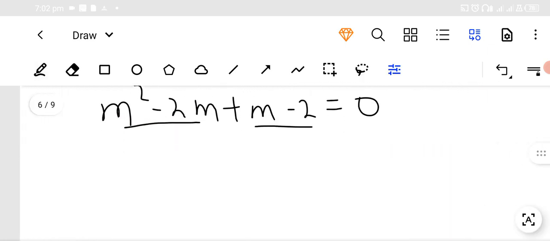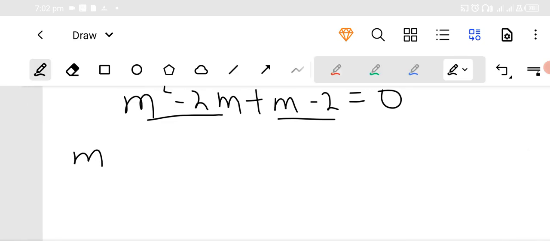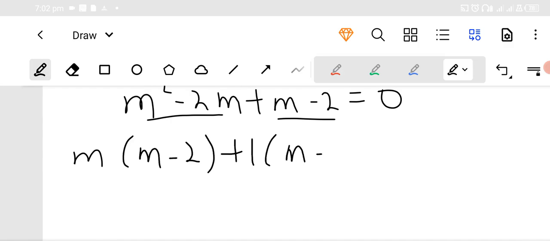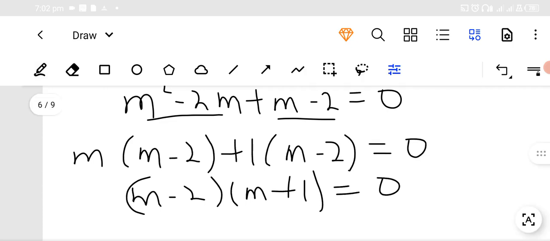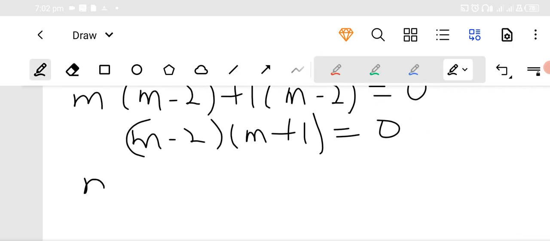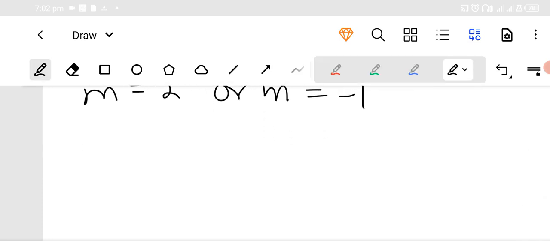So it's going to be m multiplied by m minus 2, factor out a positive 1, it's going to be m minus 2 is equal to 0. So m minus 2, m plus 1 equal to 0. M equal to 2, equal to negative 1. Then what we do is what?